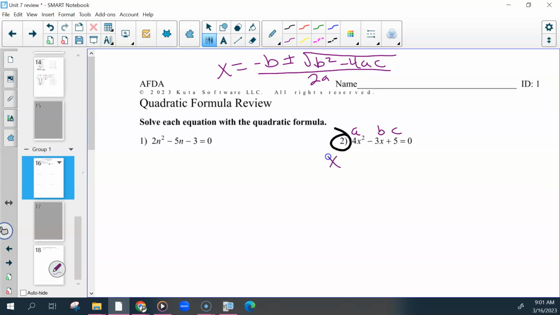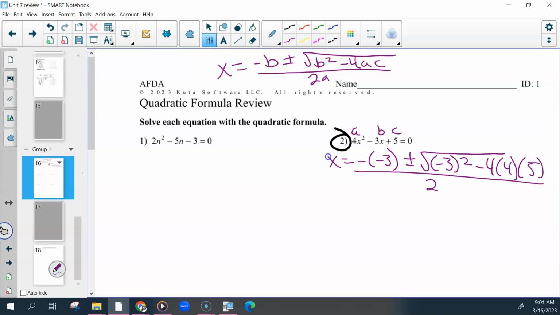Then this would be X equals negative 3 plus or minus the square root of negative 3 squared minus 4 times 4 times 5 all over 2 times 4.